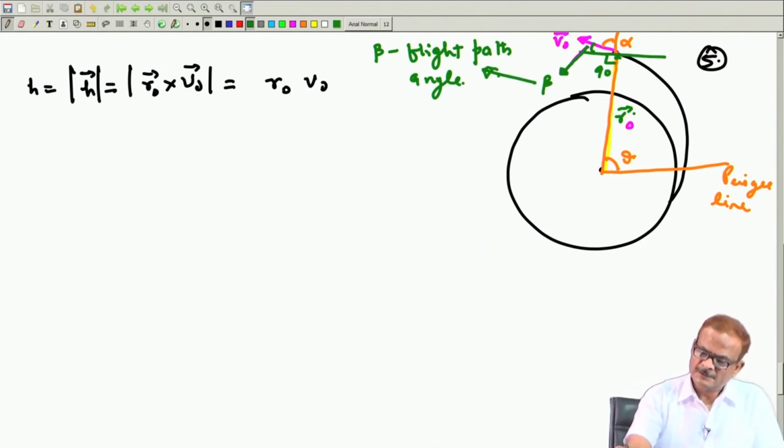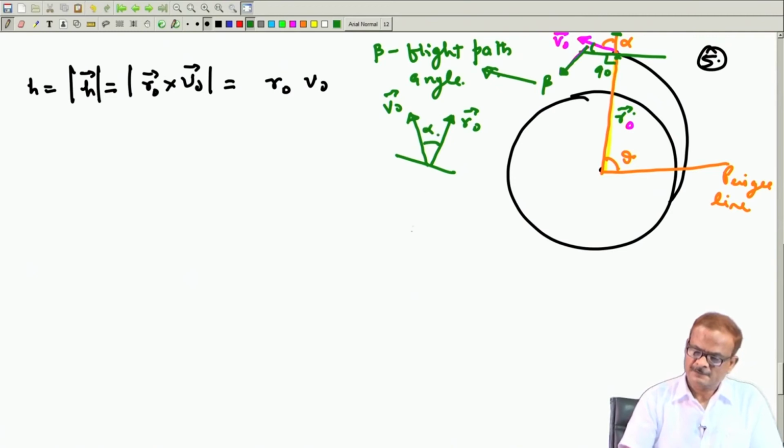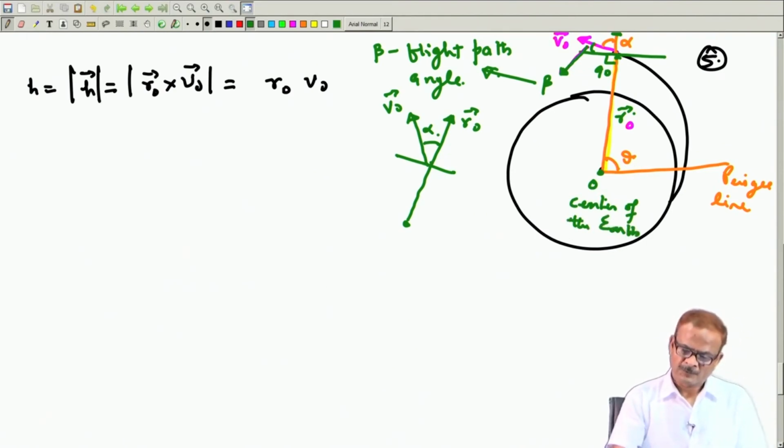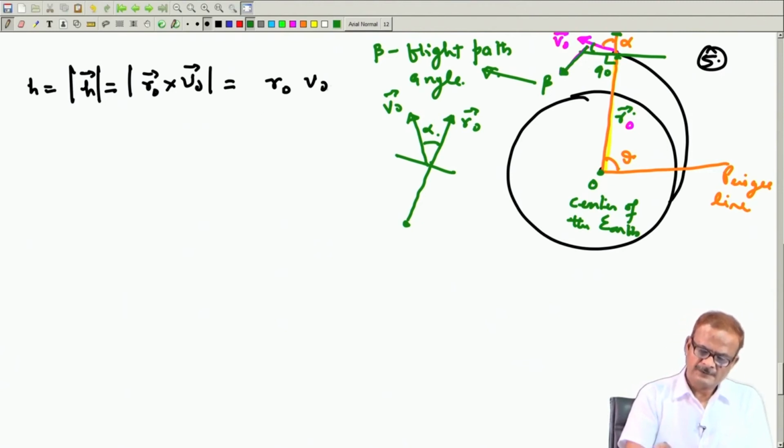If you see the angle between the r vector and the v vector, the r vector is like this and your v vector is in this direction; this angle is alpha, and this is going toward the center of the earth. So, in r cross v, the angle between them gives sin alpha.